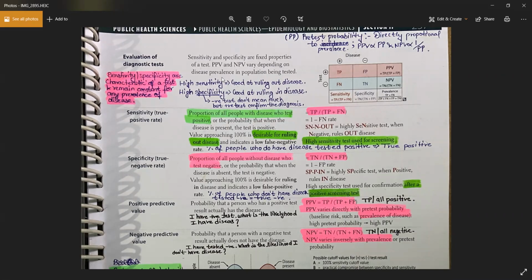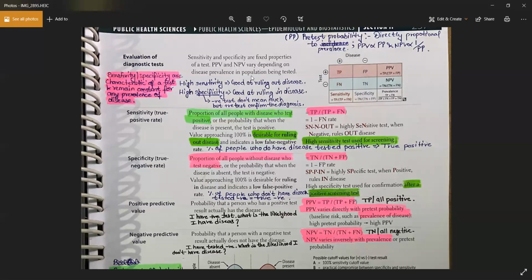And so whenever a test has a very high sensitivity, you can easily rule out those patients who do not have the disease. Are you understanding the fact? Whenever you have a very high sensitivity, the test is always detecting all the individuals who have the disease, which means if the individual does not have the disease, then the test must be negative. So a high sensitivity test is always good at ruling out the disease.